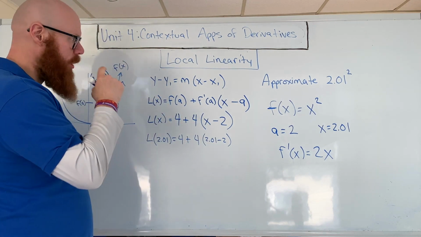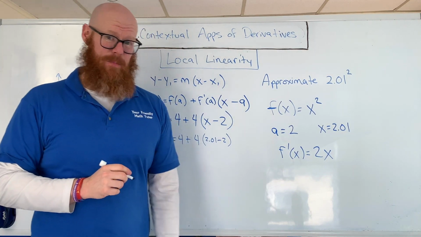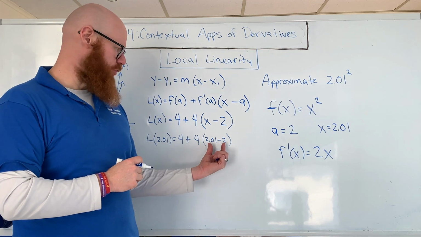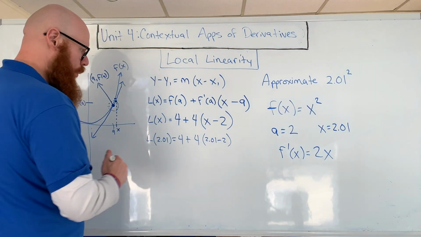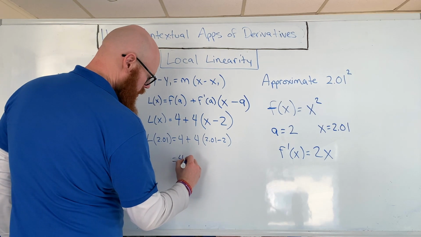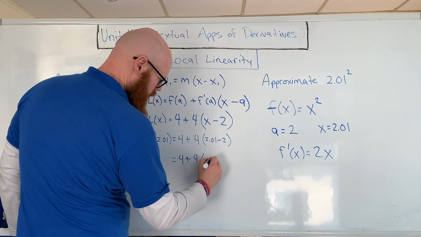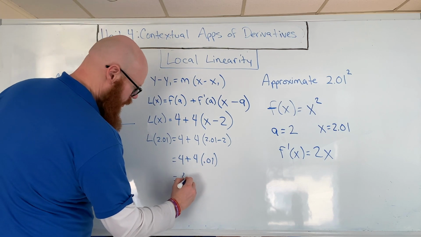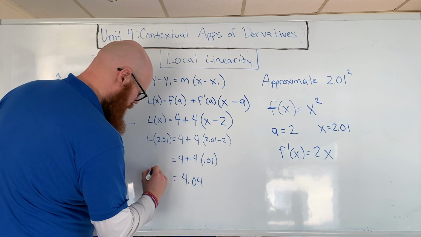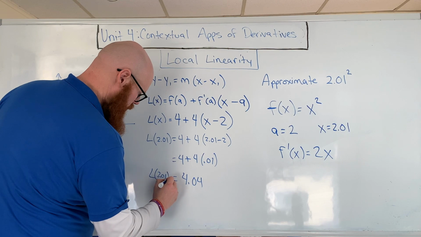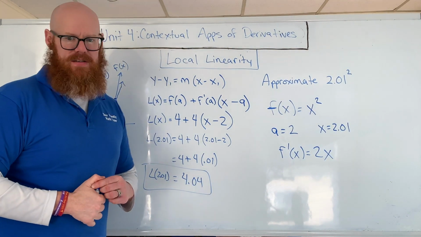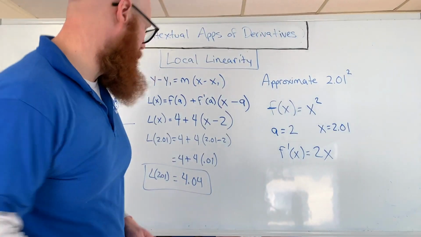Keeping it in this form and not using slope-intercept form, there's a reason for it. It's going to make the calculation much easier because you're going to do this first, and this is clearly just 0.01. Then that's 0.04, and 0.04 plus 4 is 4.04. So 2.01 squared is approximately 4.04.